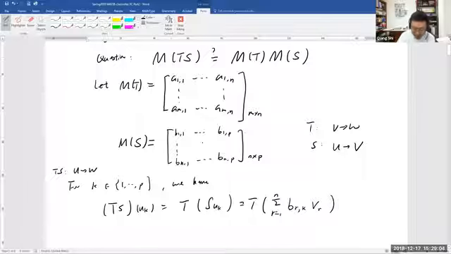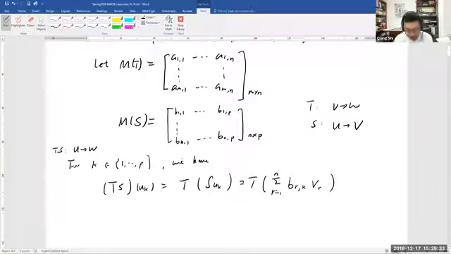So that will be the K-th column of the matrix M of S, and we use the letters B there. So this K is fixed, and K is anywhere between 1 and P. So what you do is you let the first subscript change, R from 1 to N, because this is B1 up to Bn for each column. So it's N by P. So R from 1 to N, and then we have a V of R there. All right, so this step we use by the definition of M of S.